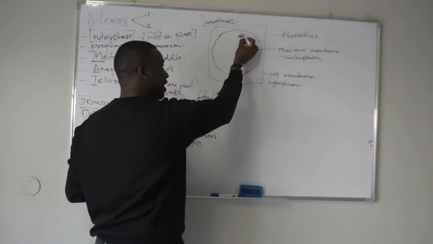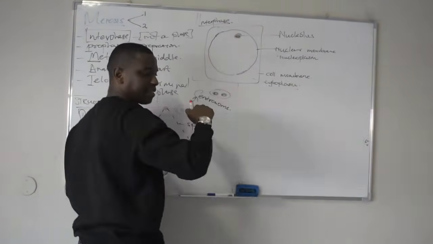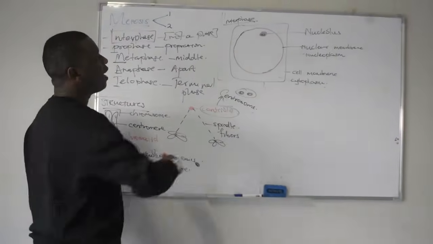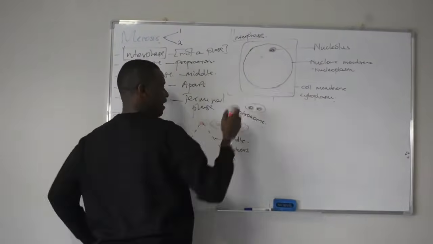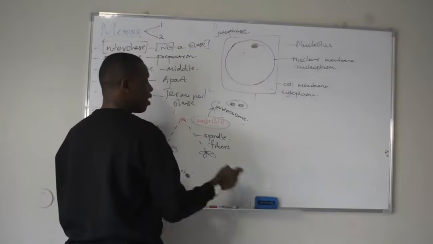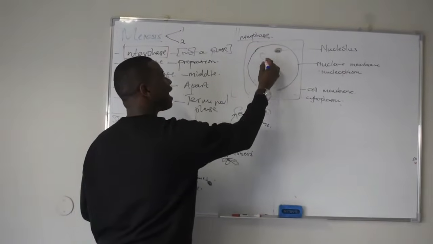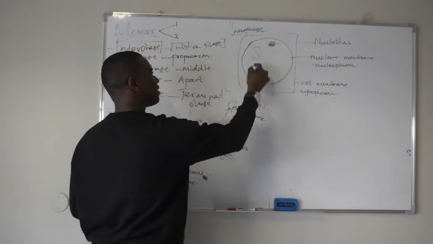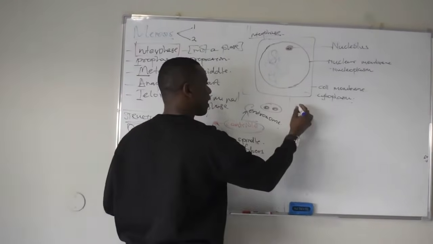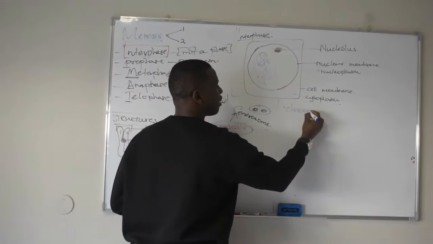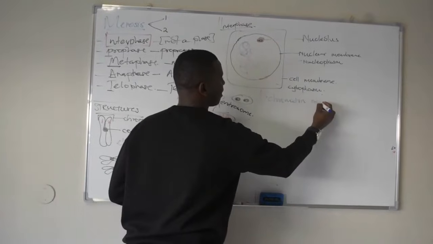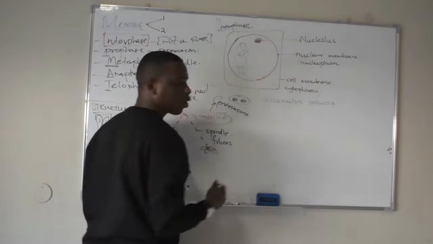And this one is the nucleolus. Now, in the nucleus, what are we going to find? We are going to find capillaries of networks, and these capillaries of network are called chromatin network.